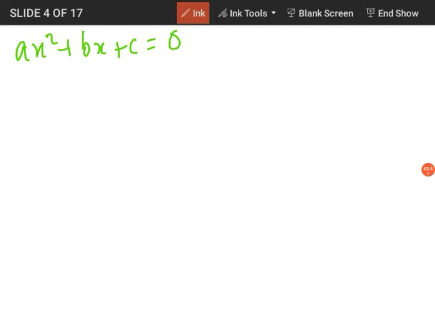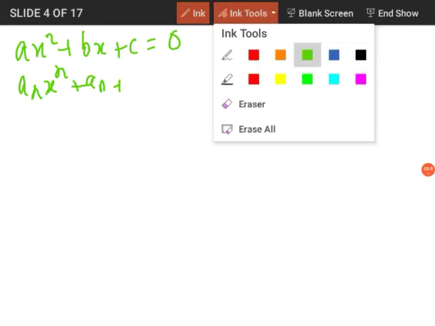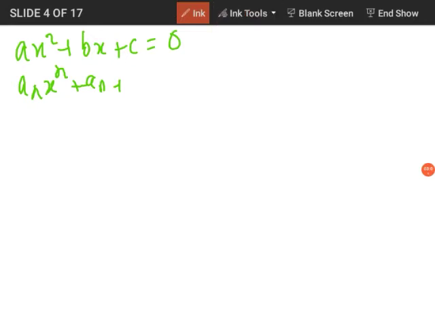So this will be a n x raised to the power n plus a n minus 1 x raised to the power n minus 1 plus a naught is equal to 0.